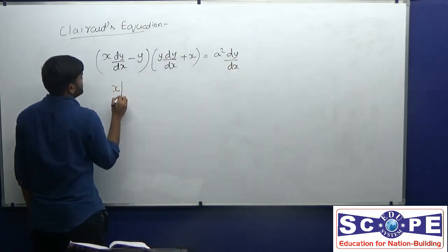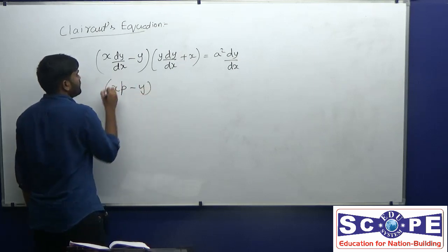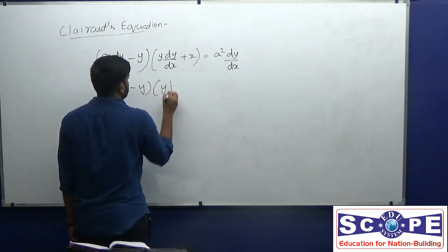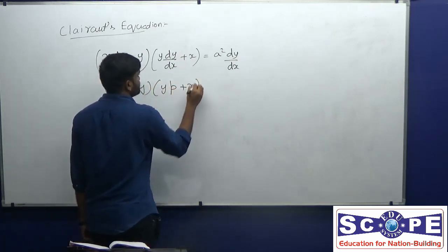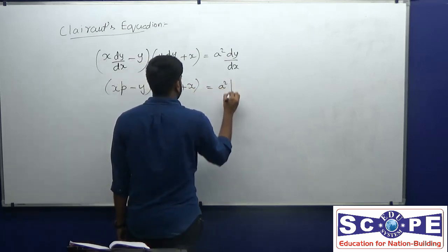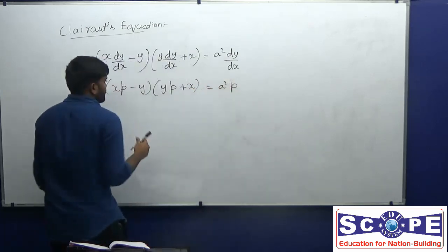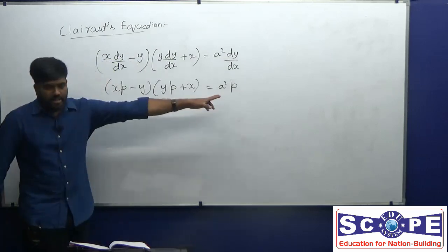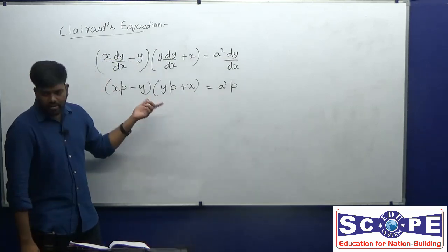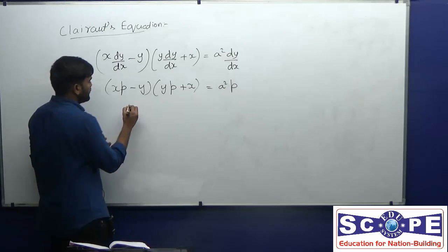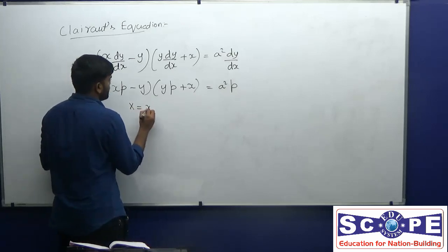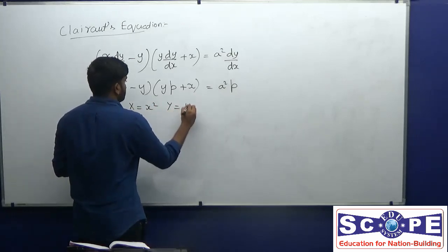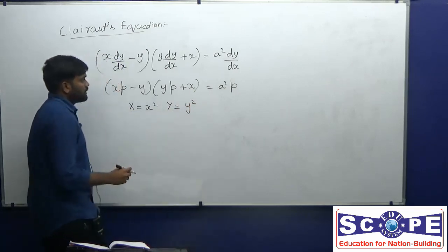That means xp minus y into yp plus x equals a square p. See here also, except this p term, we got either x square, y square or xy. So we can simply take X as x square and Y as y square. You tell me the answer.